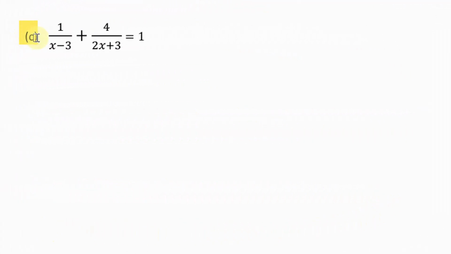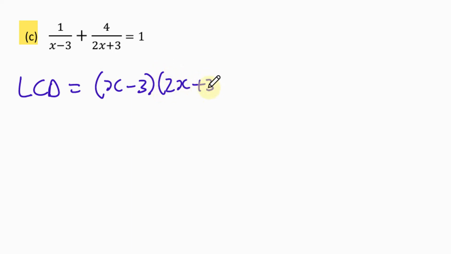Let's look at C. We find the LCD. So in this case, the LCD will be x minus 3 times 2x plus 3. We multiply all the terms in the equation by the LCD.